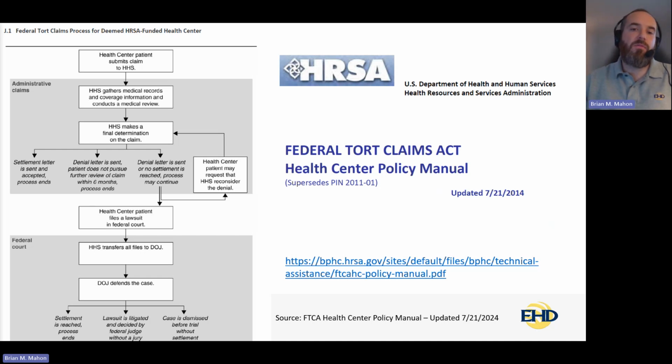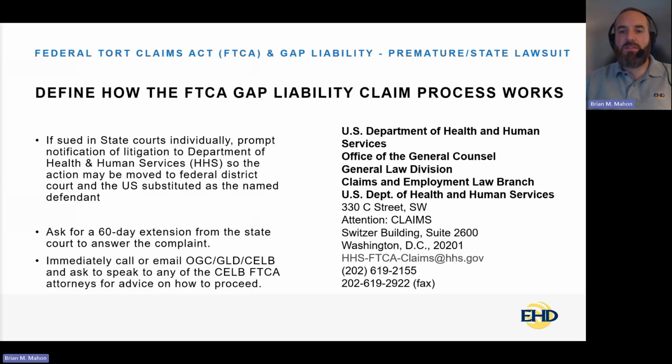I actually read through the whole Federal Tort Claims Act Health Center policy manual that outlines a lot of these things and simplified them throughout this presentation. So what's important to note is there's an issue where you have premature or state lawsuits, where these individuals don't really understand this process and they go to a state court or you get a scary letter in the mail.